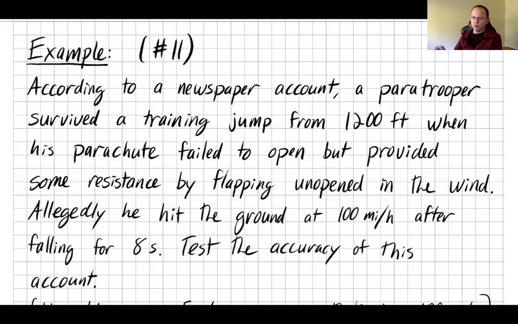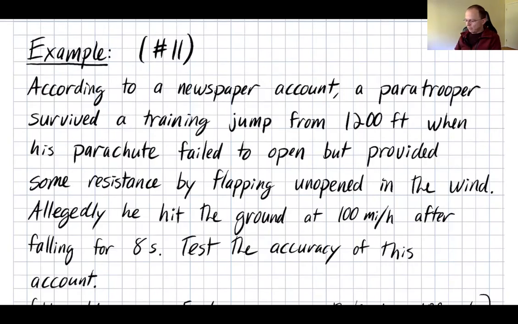So there's some sort of drag coefficient that's between an opened parachute, which provides a lot of drag, versus having no parachute at all, which would provide much less drag. So it's somewhere in between those two extremes.